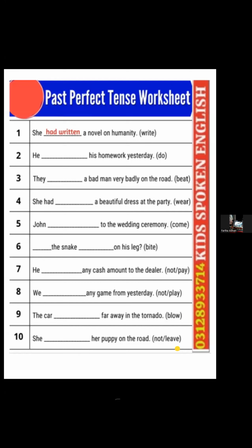Okay, so now Sharis, kindly unmute yourself. Sharis, beta, kindly unmute yourself. Yes. We dash any game from yesterday, not play is the option.